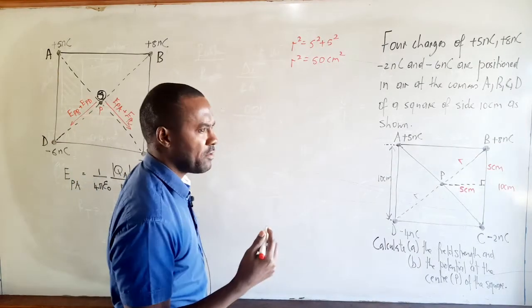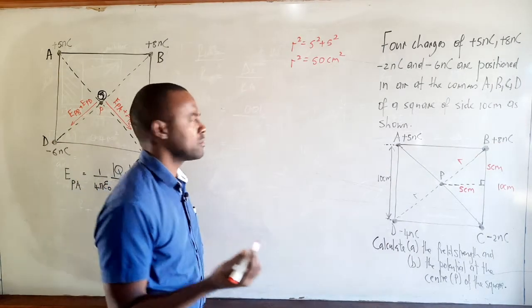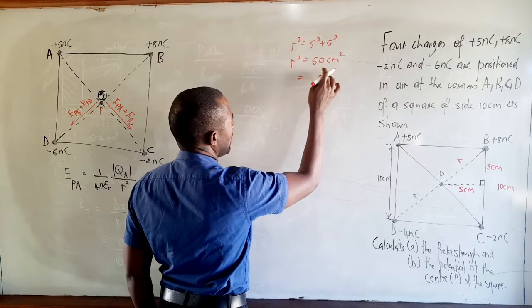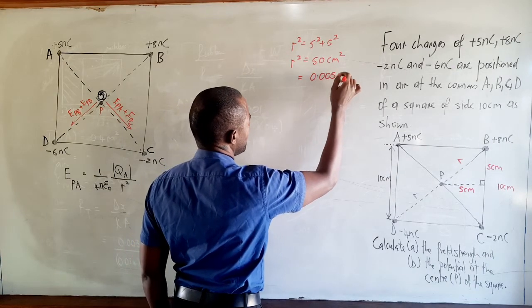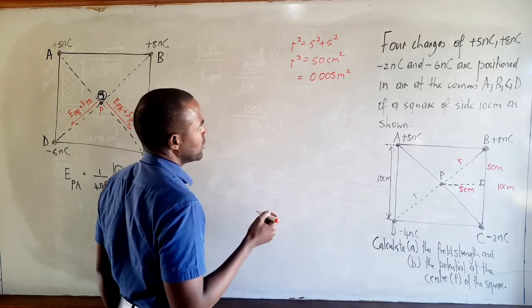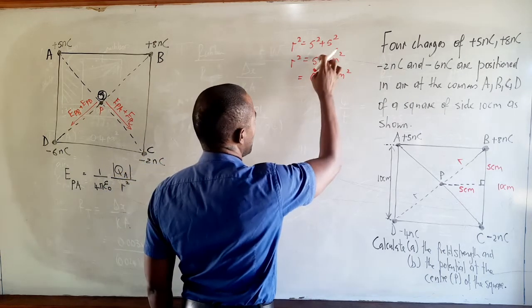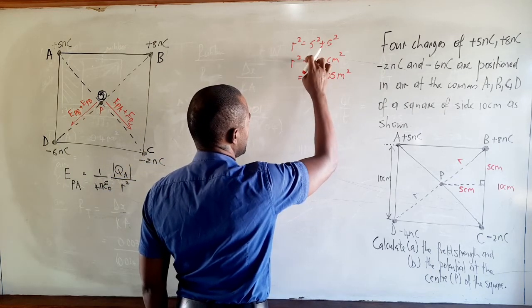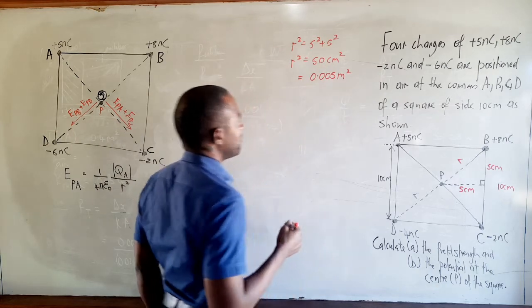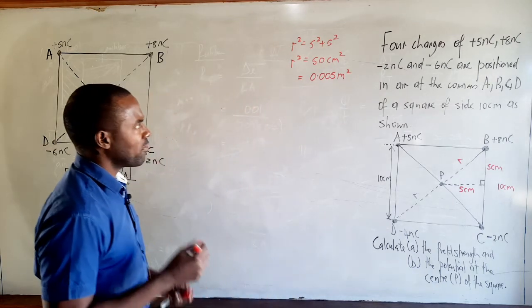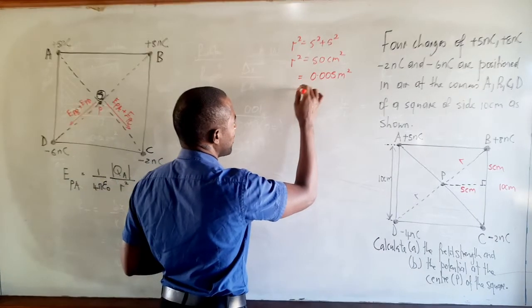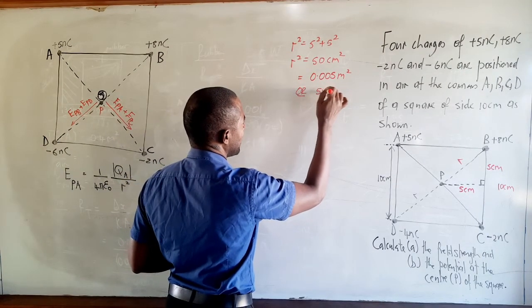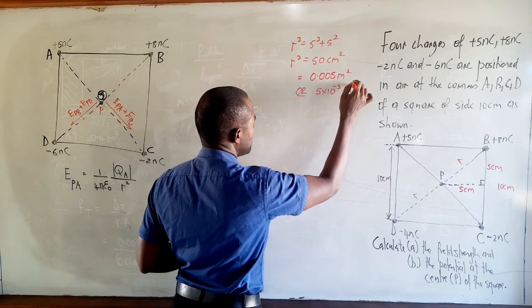To do that, we divide by 100 squared, or 10,000. So this is the same thing as 0.005 meters squared. Let me check: 1, 2, 3, 4. Yes, 0.005 meters squared. So r squared is equal to 0.005 meters squared, or we can write it as 5 times 10 to the minus 3 meters squared.